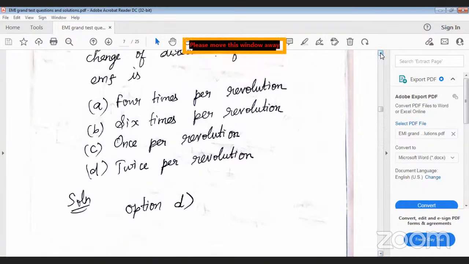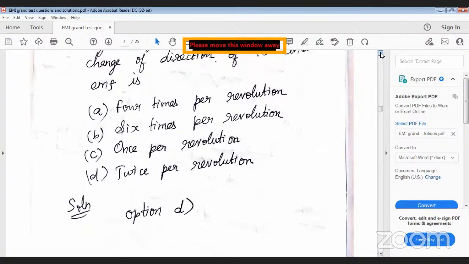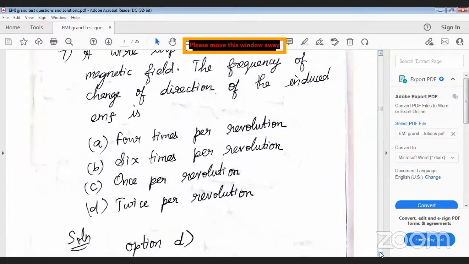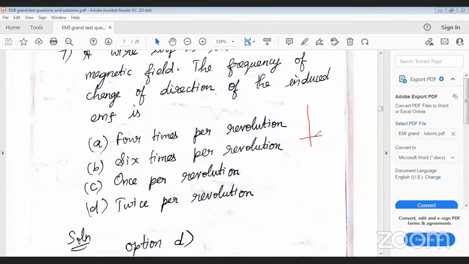Because you know very well, when a coil is rotating in a magnetic field, as you can see from the AC generator concept, what is the pattern of variation of the induced EMF? That is nothing but a sine wave. During the rotation of the coil in an AC generator, your EMF varies in a sinusoidal way.